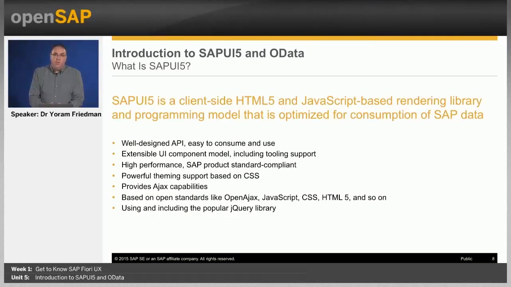The UI5 library provides me with all the tools that I need, or the APIs, to create a business UI that matches the SAP look and feel. So it extends the standard HTML5 libraries. It supports all the standards that exist in the market for UI, but it enables me very easily to create a UI that looks the way I want if I'm creating an SAP-based application.